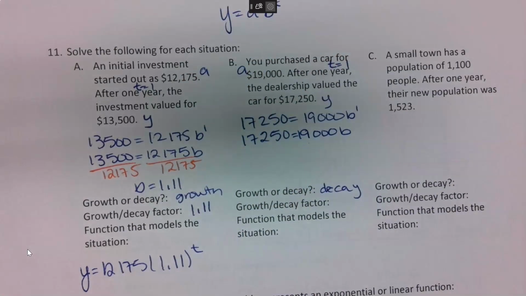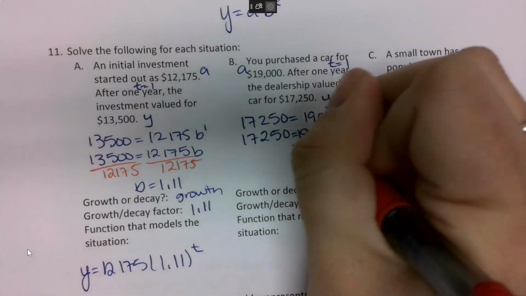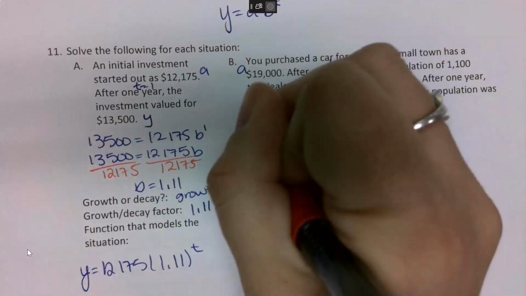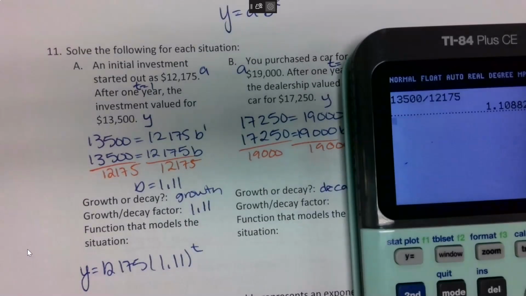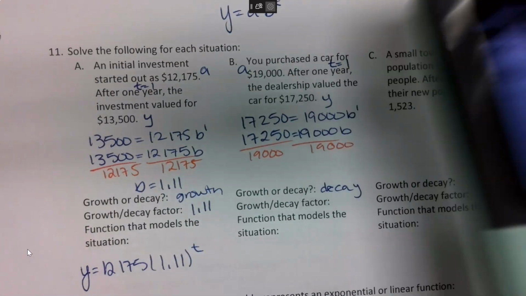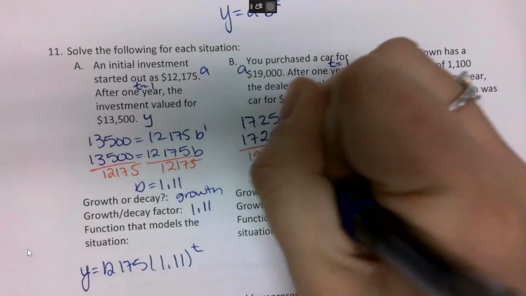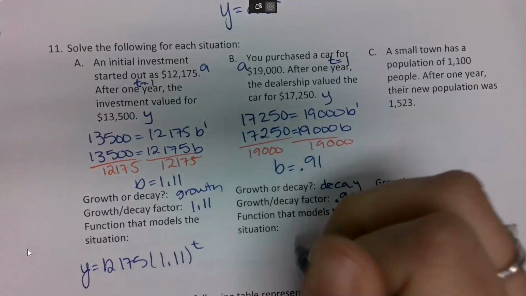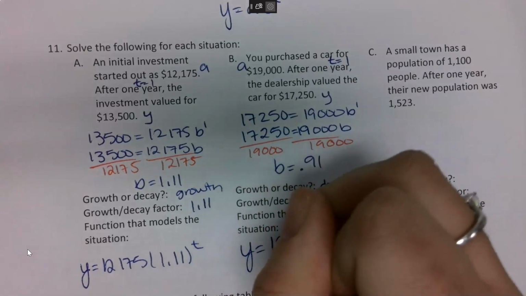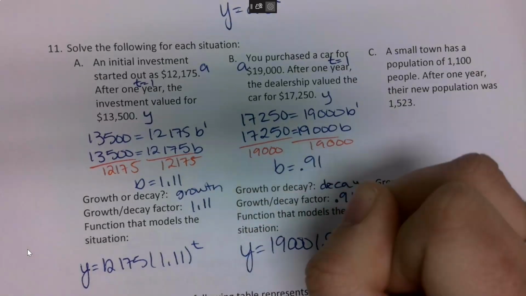Then I want to divide both sides by 19,000. Which gets me 0.91. So my decay factor is 0.91. To write my equation, this is going to be y equals 19,000, and then in parentheses 0.91 to the t power.